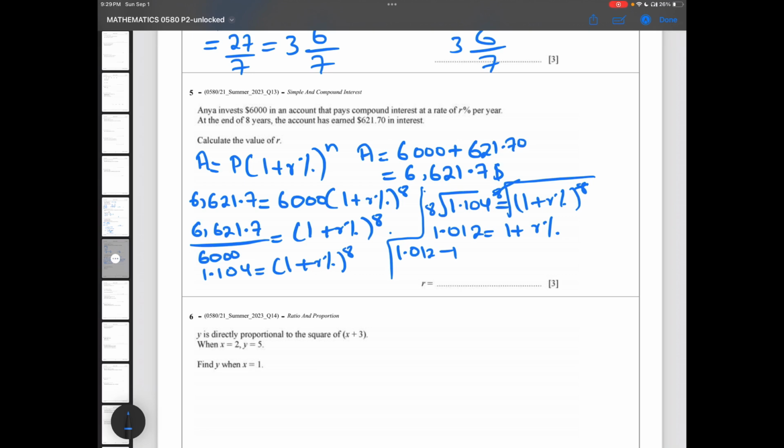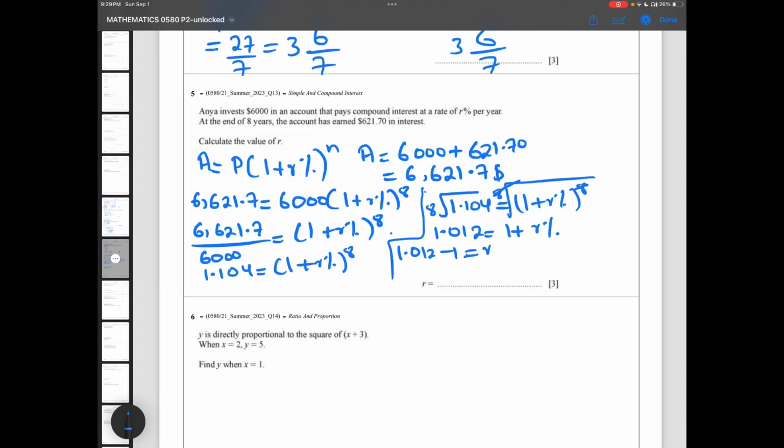So this will be equal to R percent. Now 1.012 minus 1 is 0.012, equal to R percent. To remove the percentage sign, we have to divide by 100. So 100 is being divided on the right side. If I move this 100 to the left, it will be multiplied with 0.012.